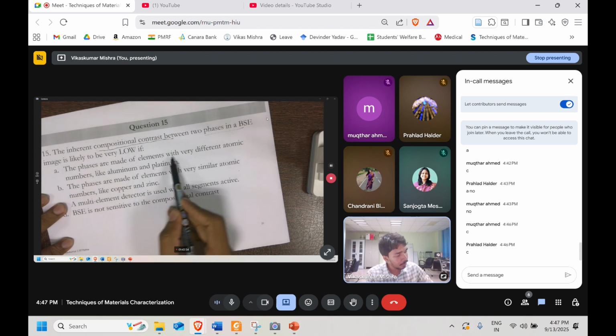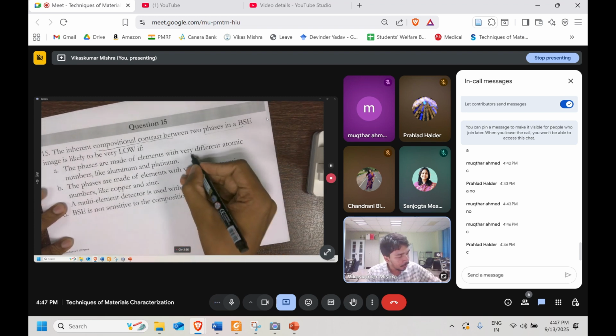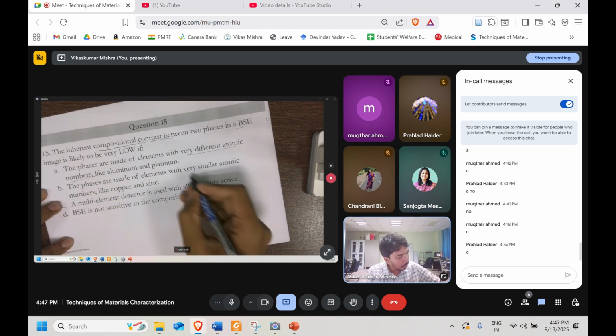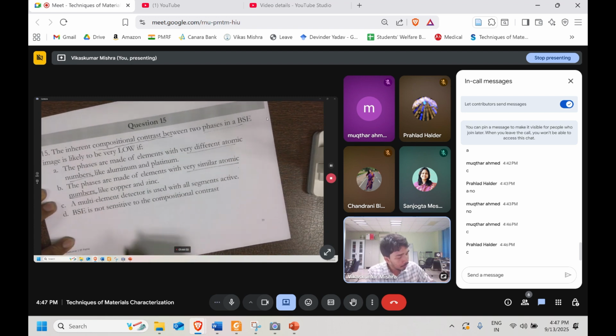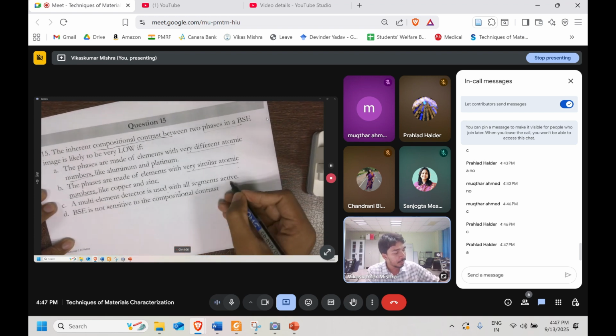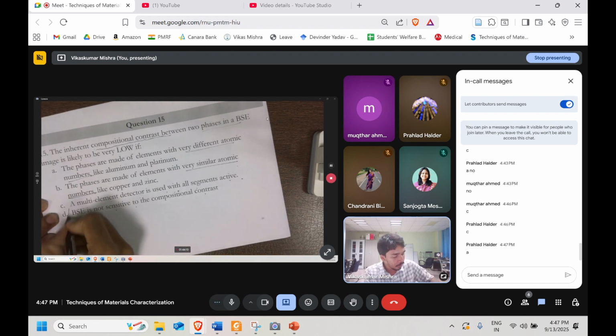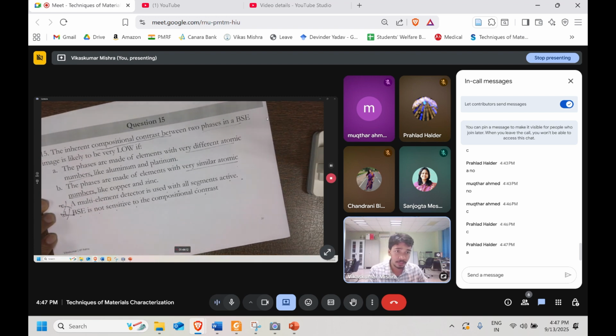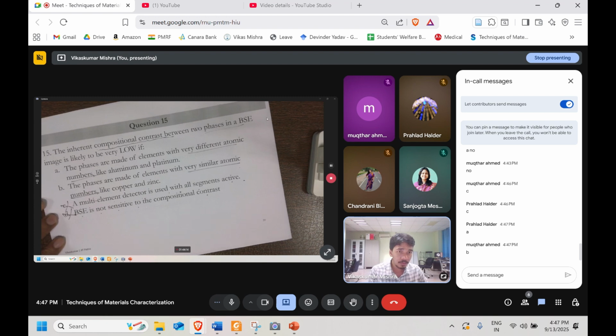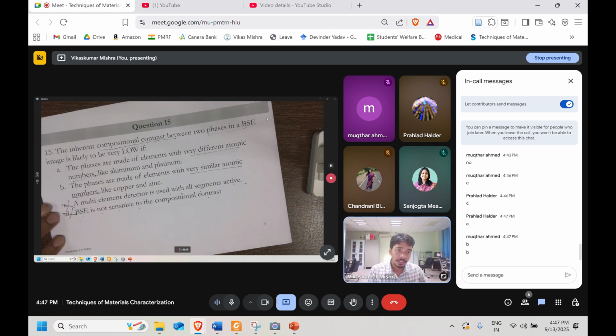The phases are made of elements with very different atomic number; very similar atomic number; a multi-element detector is used with all the segments active; BSC is not sensitive to the composition contrast. So these two will directly cancel out, right? Yes, that's right. The right answer is option B.